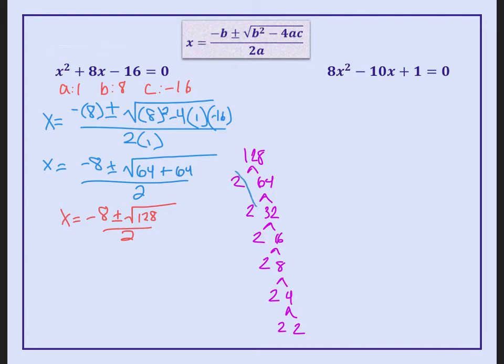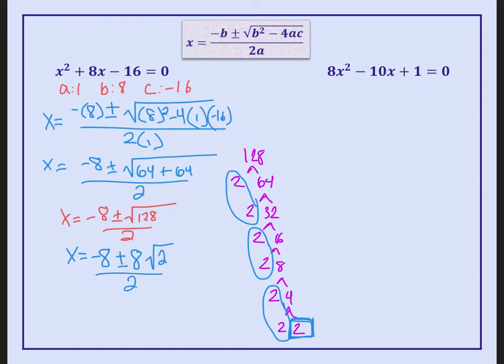Whatever has a pair, we can take out and put on the outside. So on the outside, we have 2 times 2 times 2. What is 2 times 2 times 2? 2, 4, 8. So x equals negative 8 plus or minus 8. And then what's left on the inside is what I boxed over here, 2, all divided by 2.